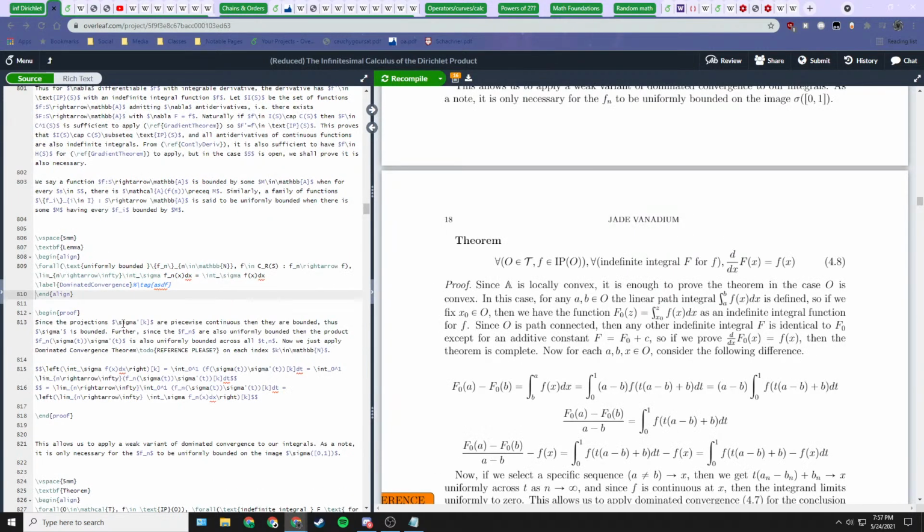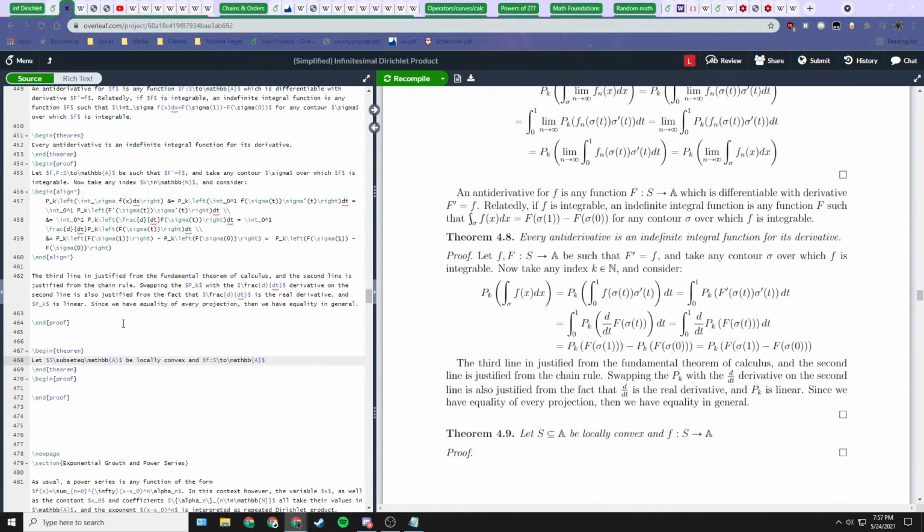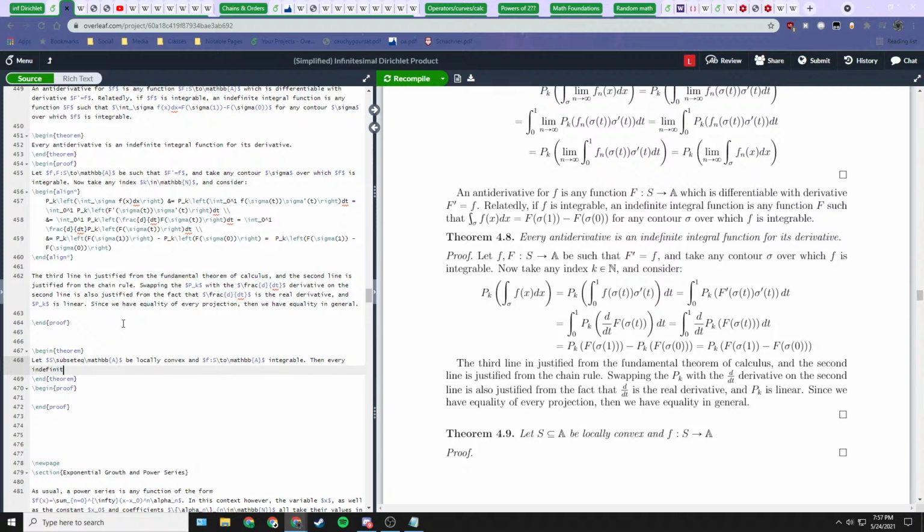I'm going to say f is integrable. Every indefinite integral function for f is also an antiderivative. Maybe.